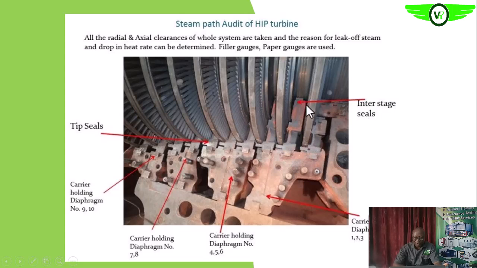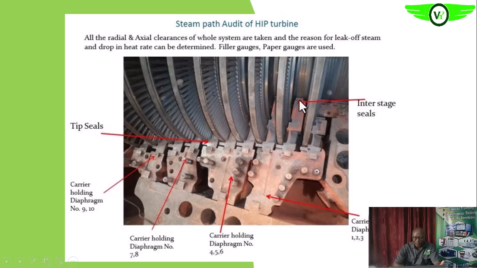Remember, our goal is to direct all the steam through this diaphragm or the nozzles of the steam turbine, so that it will be throttled and directed onto the rotating blades.